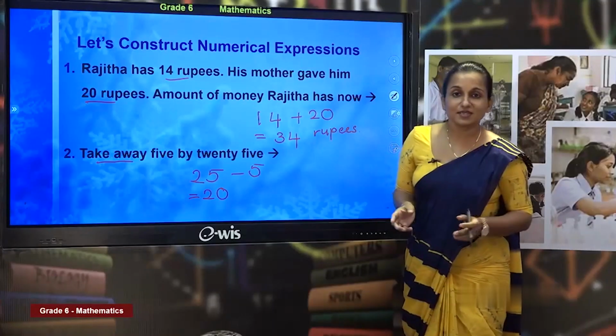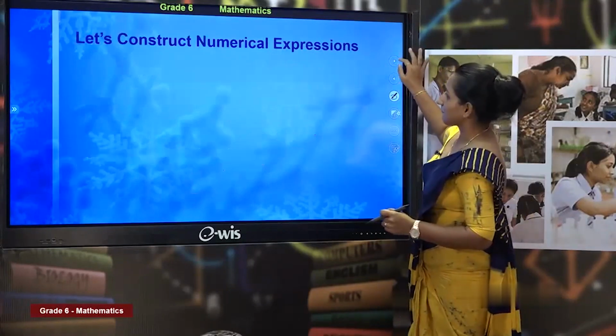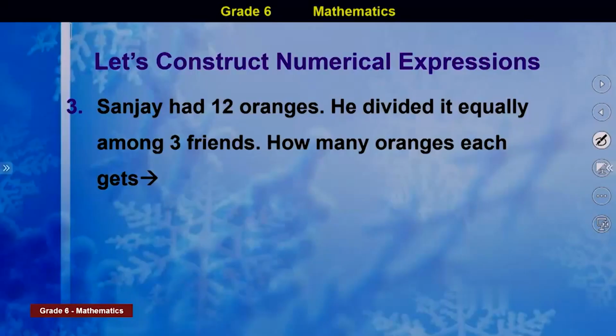Let's move to another example. Sanjay had 12 oranges. He divided them equally among 3 friends. How many oranges does each get? Now can you see, children, we have divided equally. Then what is the mathematical operation that we can use? We can use division. So I can write a numerical expression for this.